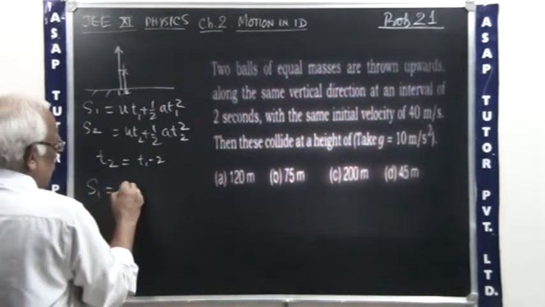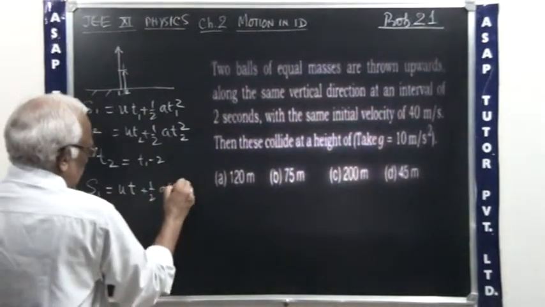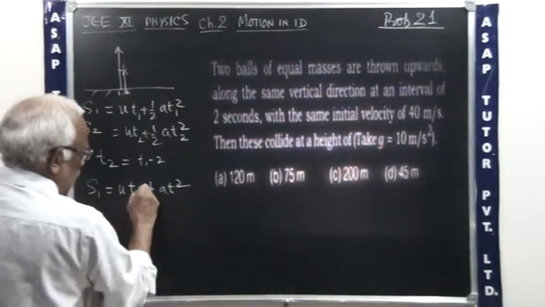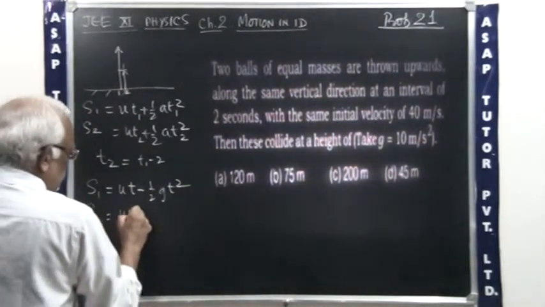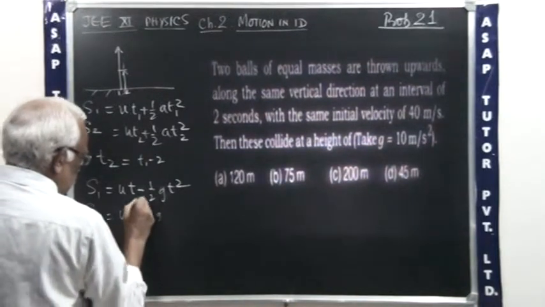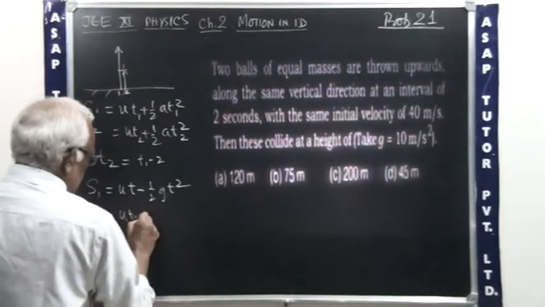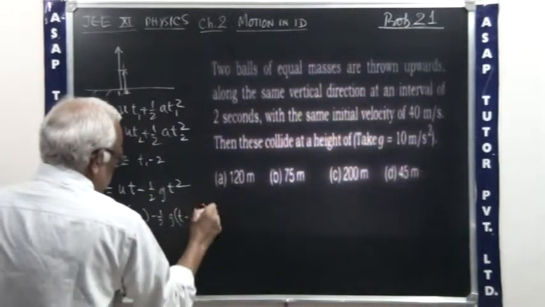S1 is equal to ut plus half at square. Now it is being thrown against gravity, so I'll make it minus g, and S2 is going to be u(t minus 2) minus half g (t minus 2) whole square.